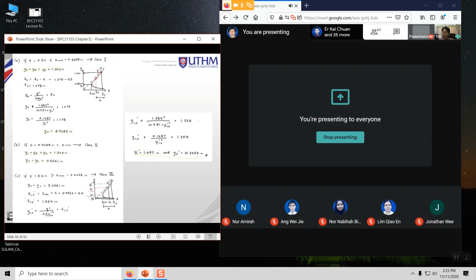So therefore your Y2 is 0.9285 meter. If you get a value less than 0.6361 meter, there should be another value that will give you specific energy as 1.078 meter too. That is not the right answer. I'm not giving you marks there. You need to press solve again to get this answer, which is 0.9285 meter.